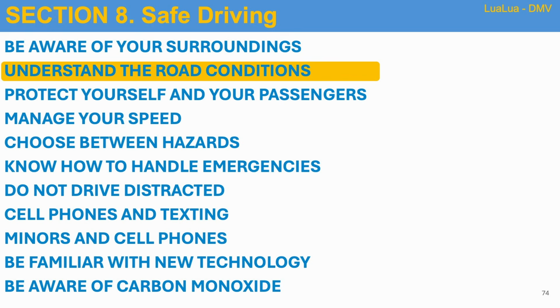Slow down at the first sign of rain, drizzle, or snow on the road. This is especially true if it has been dry and hot for some time, because oil and dust on the road surface have not been washed away. Turn on your windshield wipers, low beam headlights, and defroster. In a heavy rainstorm or snowstorm, you may not be able to see more than 100 feet in front of your vehicle.